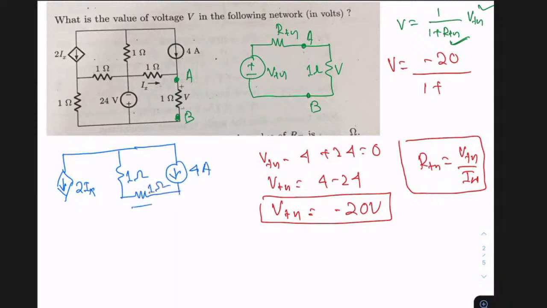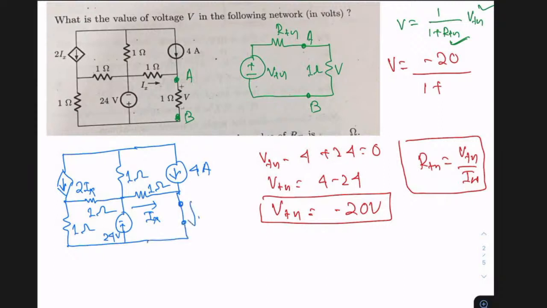This is 1 ohm. This is IX. This is 1 ohm. This is 1 ohm. This is 24 volts. And this is short circuited.